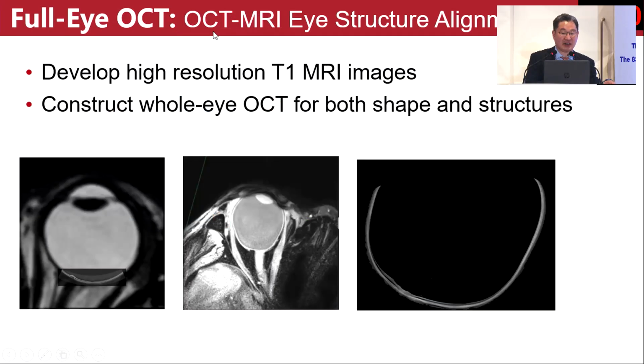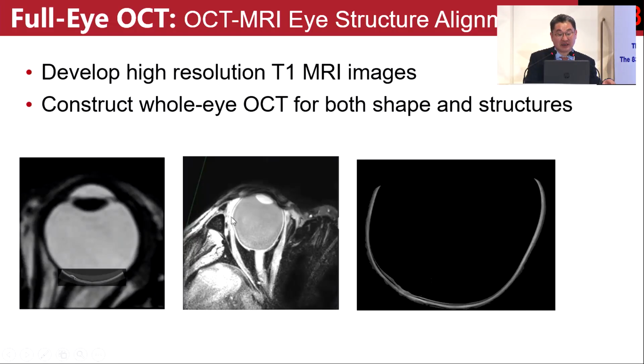So the question is, are we able to combine the ocular shape, the MRI ocular shape, and the OCT scan? First of all, we developed a methodology that can collect a high resolution T1 MRI image.